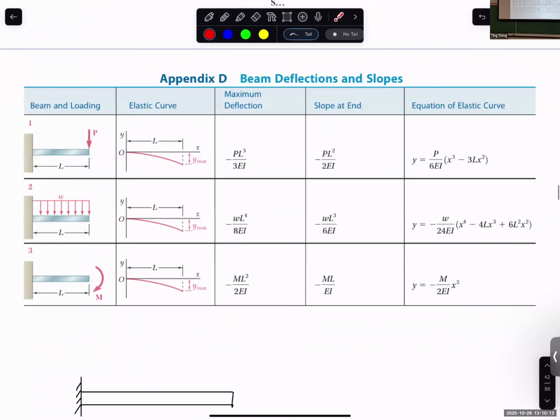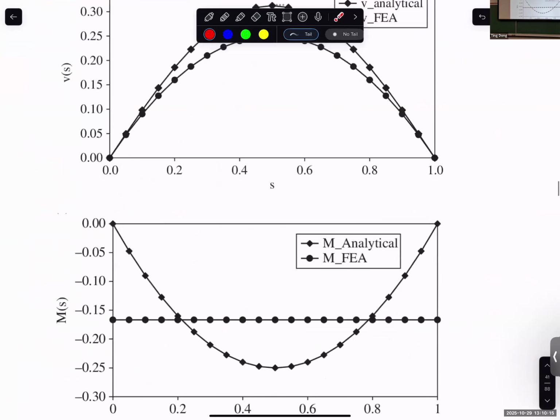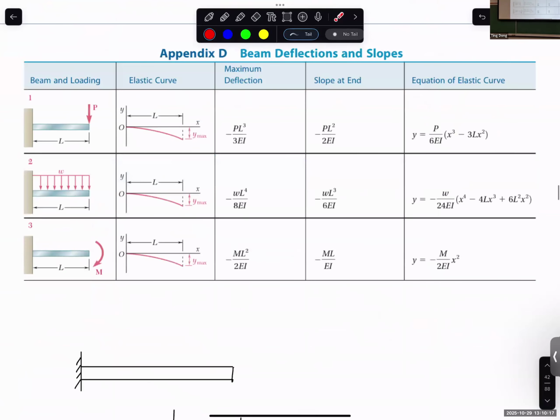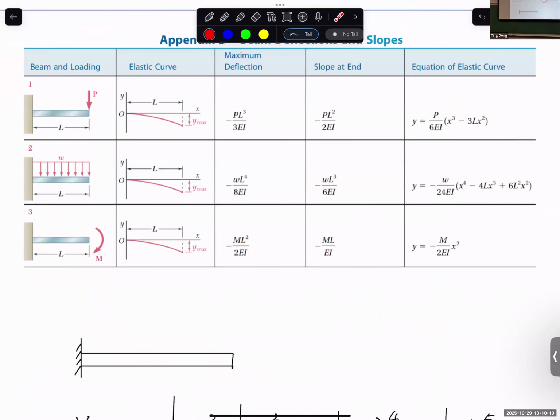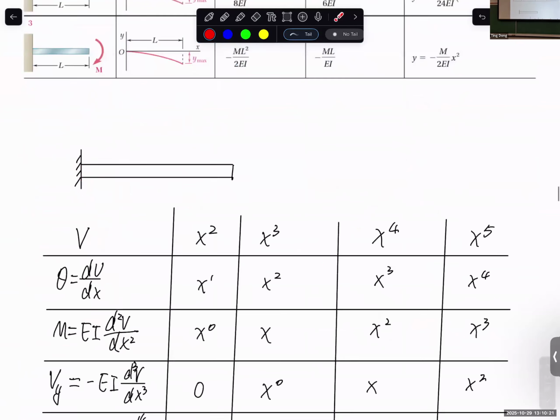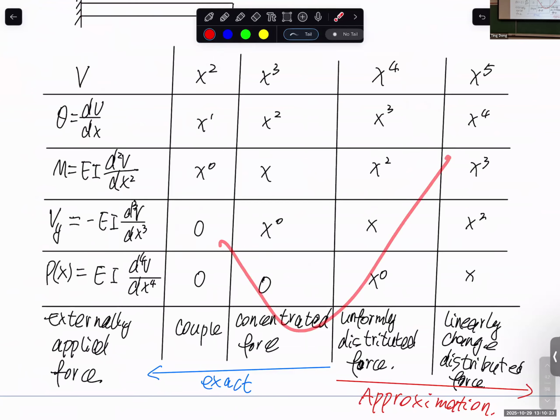This is the exact solution from mechanics of materials, and this is our beam capability, cubic polynomial.